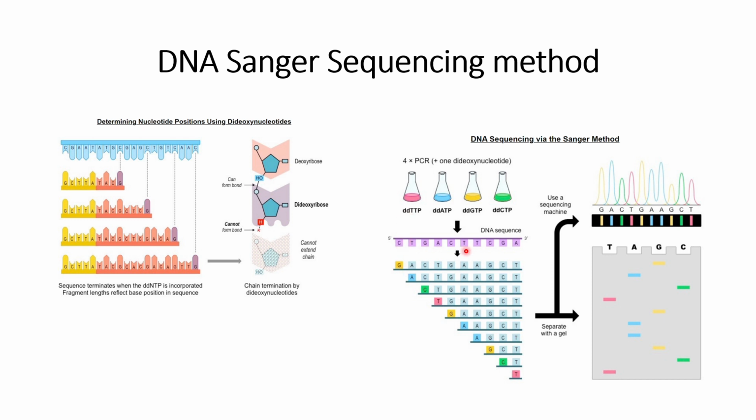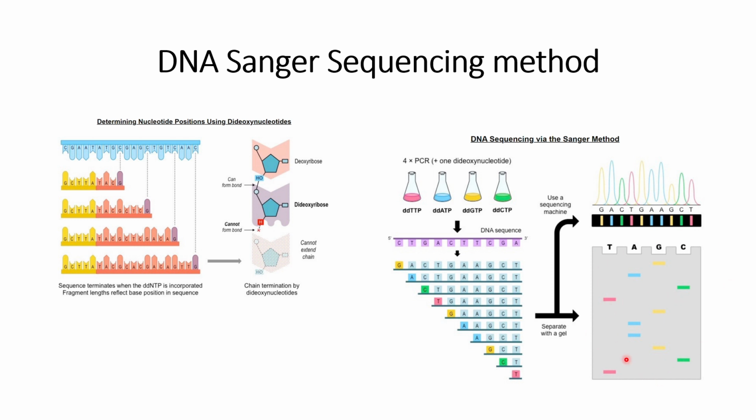Simultaneously, we will get other products from the other flasks, and when we run these solutions on the gel, we will be able to detect the length of the sequence with the help of the distance of the band from the starting position, and also compare them with the other bands.